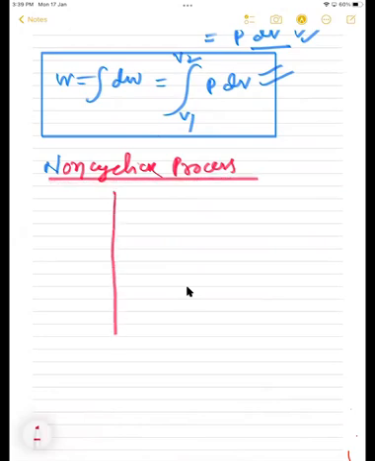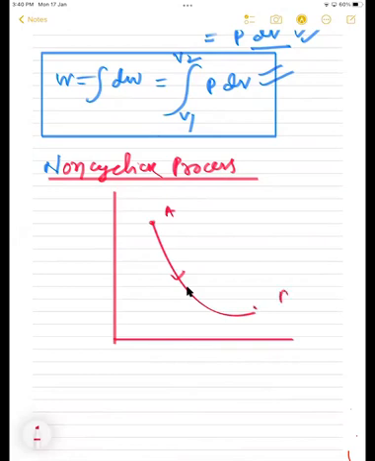So what happens in a non-cyclic process? The system, as I told, does not return to the initial state. Let it be going from this point to this point, right? It is not returning. This is point A, this is point B. This point is pressure P1, V1, with pressure on this axis and volume on this one, and point B is pressure P2, V2.